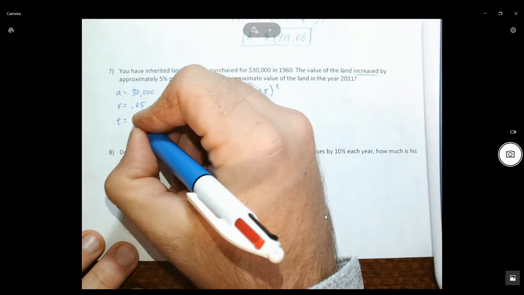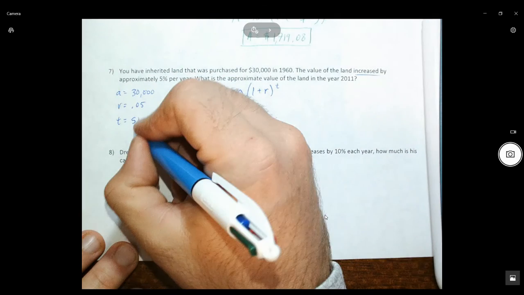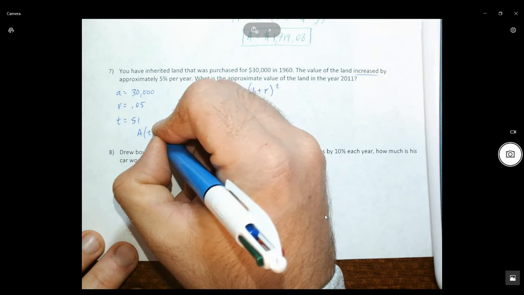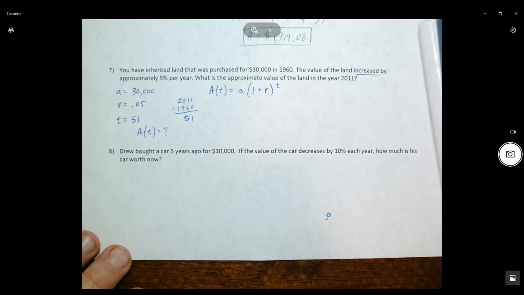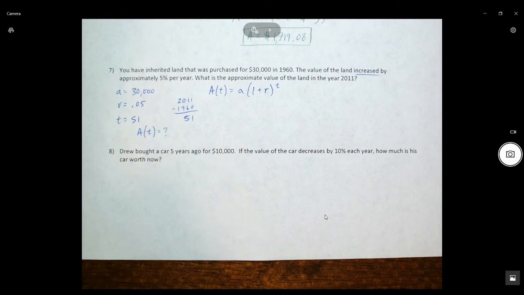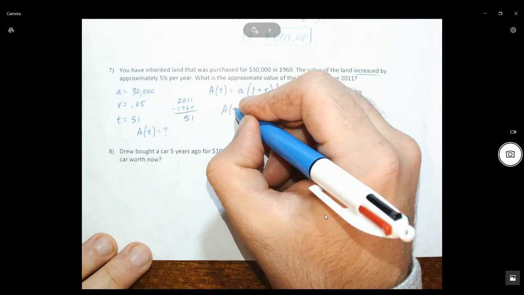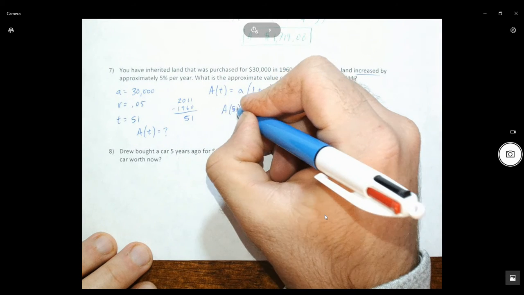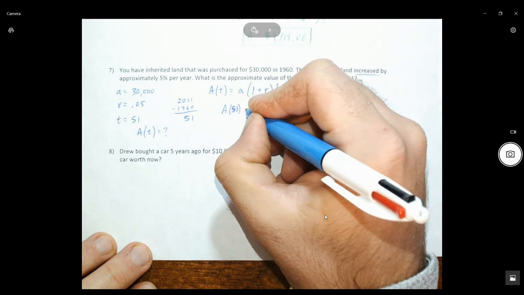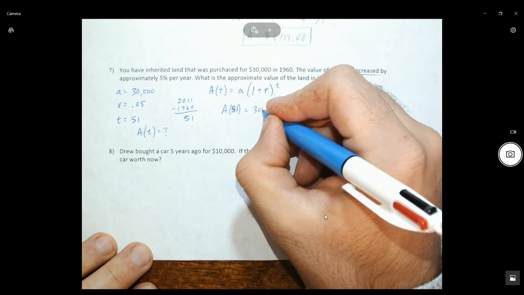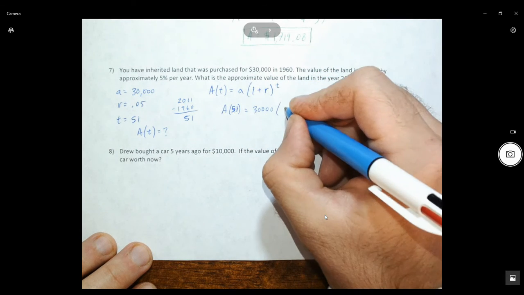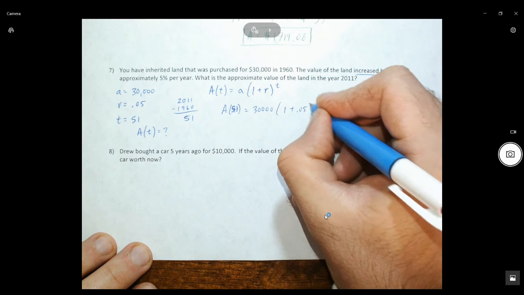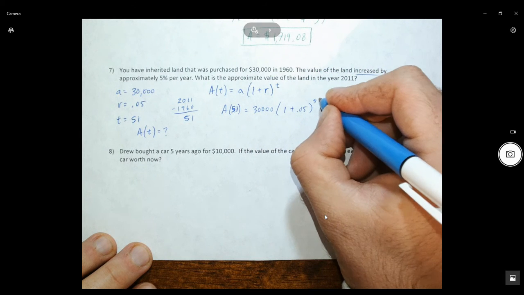So my t is 51. I want to find my A of t. In this case, A of t is really A of 51, because that's our value for t, which is equal to 30,000 times 1 plus 0.05 to the 51st power.